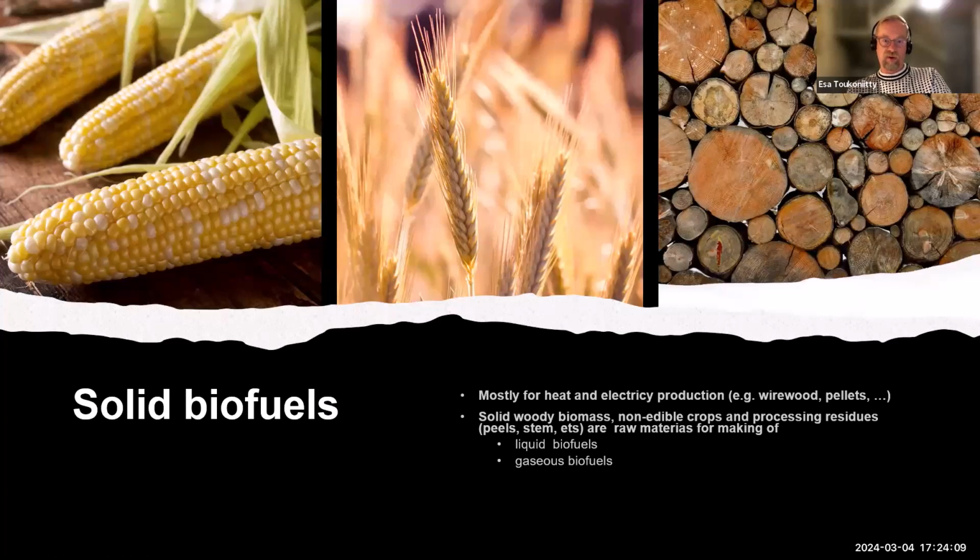Logs for heating can be ground or processed into some kind of pellets or granulates that are used in boilers or heaters to make basically heat, or heat and electricity. So that's a traditional way of releasing this bioenergy stored in the biomass or woody material.